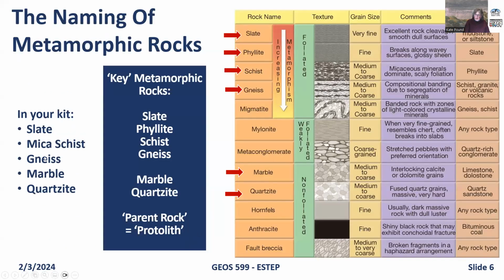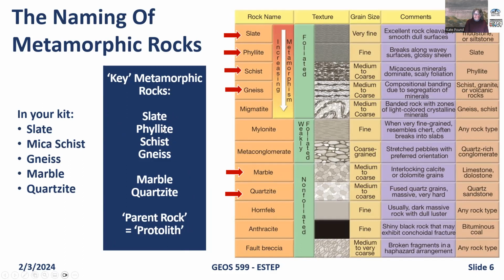Over on the far left is a list of the metamorphic rocks in your rock and mineral kit. So you know what they are, and by the end of this, I'm hoping you should be able to identify them. Here in blue, I'm highlighting the key metamorphic rocks: slate, phyllite, which was that intermediate one between the sample with the cleavage and the sample with the schistosity.